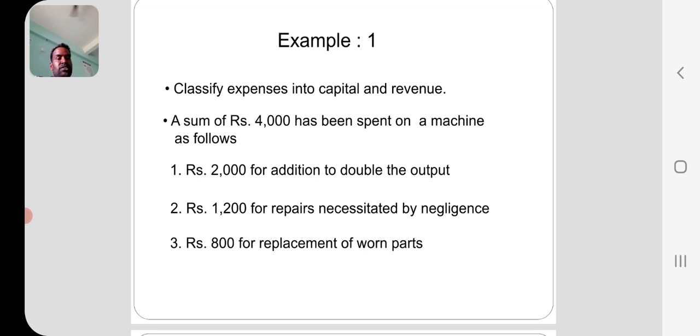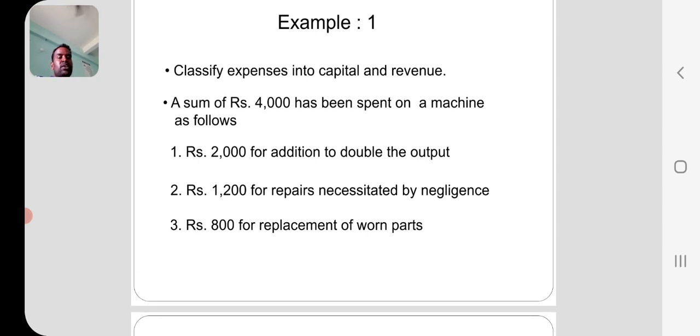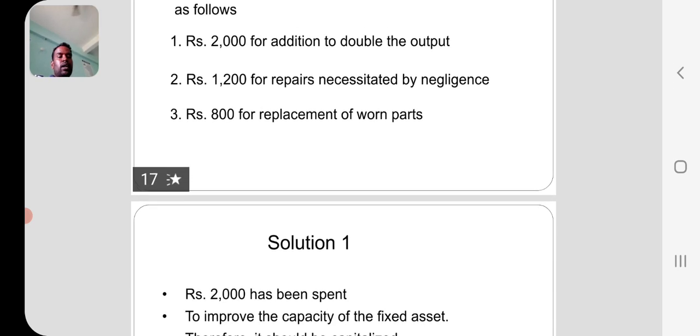A sum of rupees 4,000 has been spent on a machine as follows: rupees 2,000 for addition to double the output, 1,200 for repairs necessitated by negligence, 800 for replacement of worn parts.